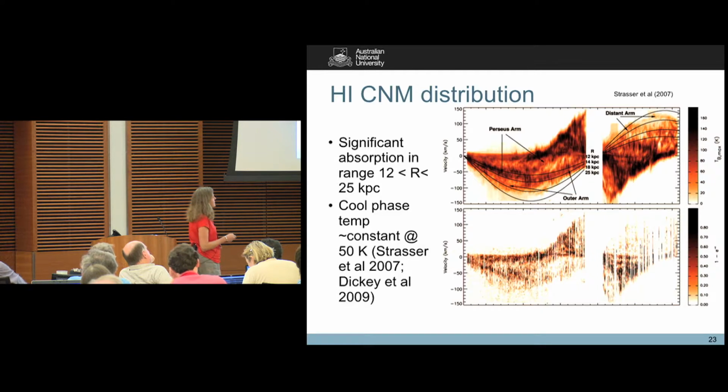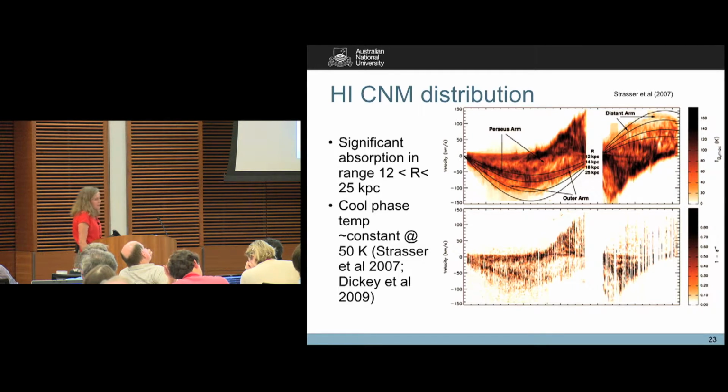These are absorption components detected toward many, many sources through the galactic plane. The correspondence is, not surprisingly, very good. But what I think is amazing is that out in these very outer regions, out to 20 kiloparsecs or so, you're starting to see H I absorption all the way through the disk at very far distances.